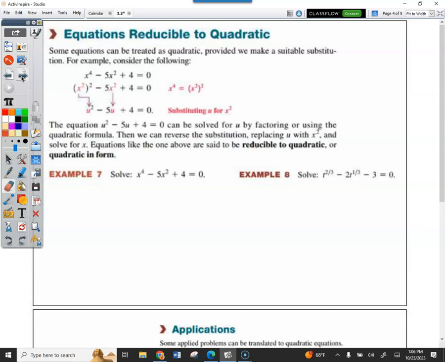I'm going to teach you how to take a degree 4 and reduce it to a degree 2 polynomial through what's called U substitution. U as in the letter U, not Y-O-U. We are going to take, if you look, here's an example. We're going to assign, no, can't read that. Hold on. We're going to assign x squared to the letter U.